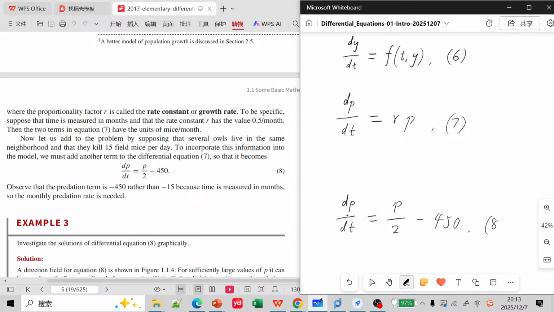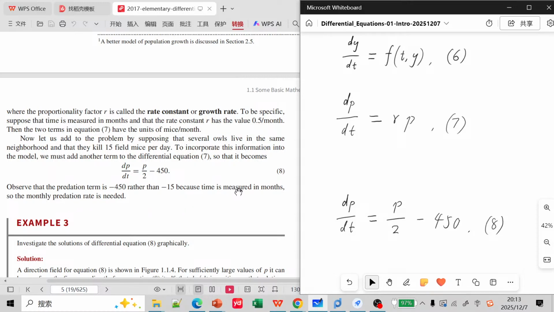This is the equation A. Observe that the predation term is minus 450 rather than minus 15 because time is measured in months. So the monthly predation rate is needed.